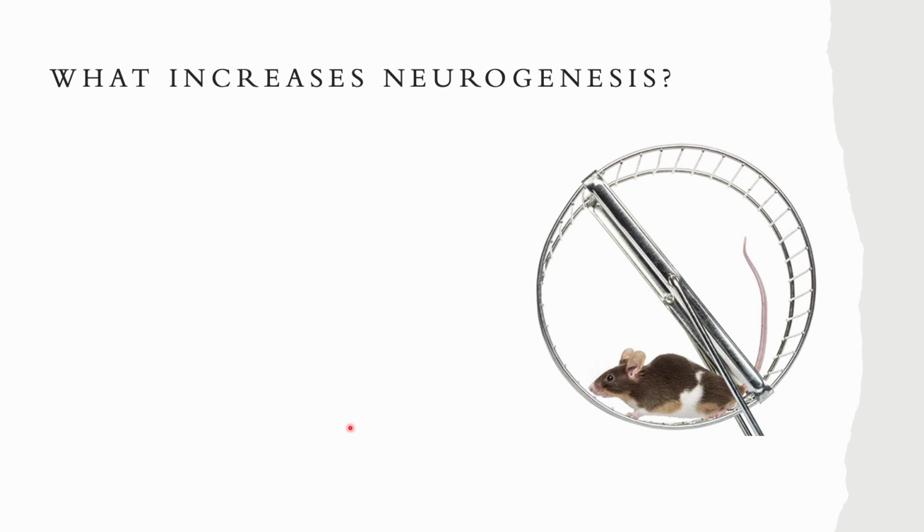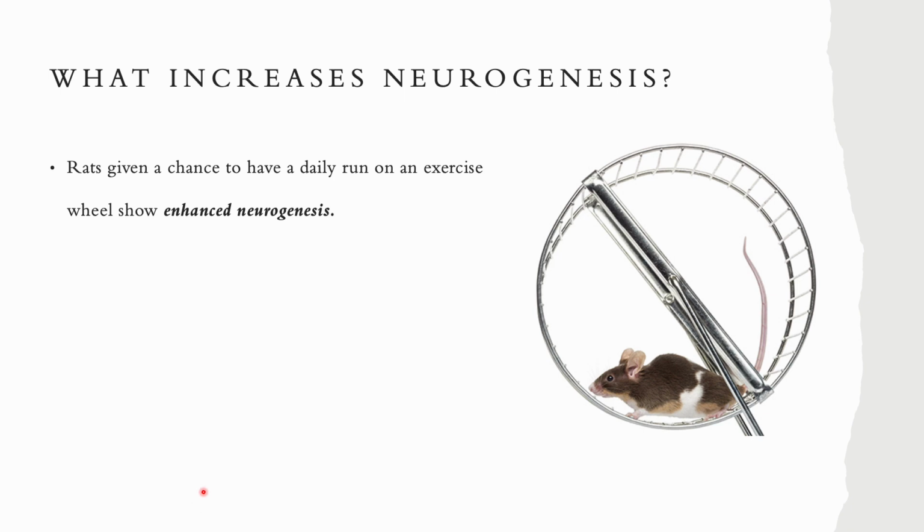So what increases neurogenesis? You've probably heard me talk about this a lot in class before, but exercise is a great way to enhance neurogenesis. Rats that are given an exercise wheel and have the ability to run on it daily have increased levels of neurogenesis.